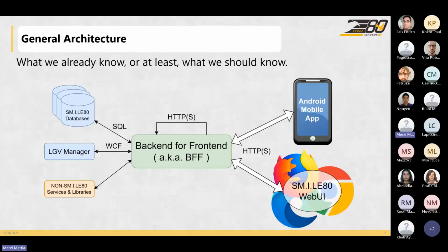So this is the current architecture of the Smile system, of the interaction between the current web UI and the legacy Android mobile application with the BFF. It's the classical approach of web APIs and microservices, with a little microservices composition on the server side, where we can see the HTTPS connection from the BFF to the BFF itself.